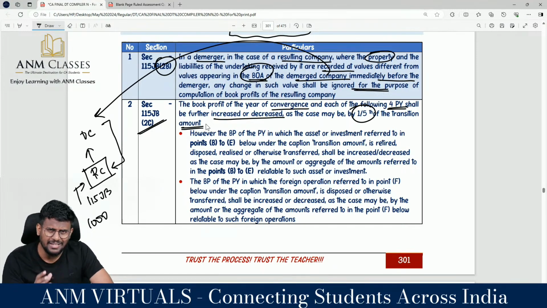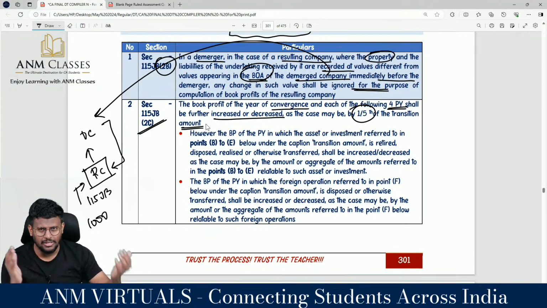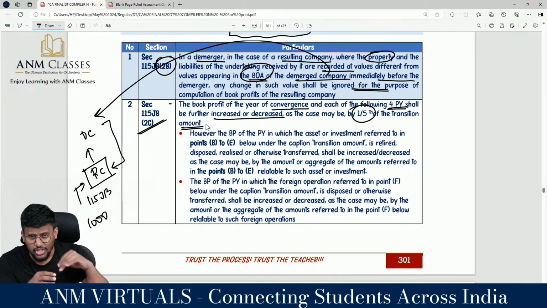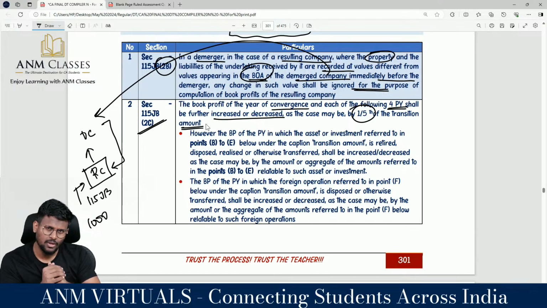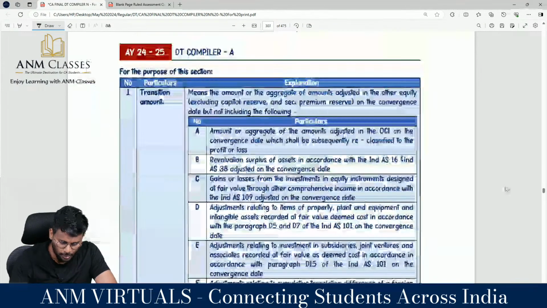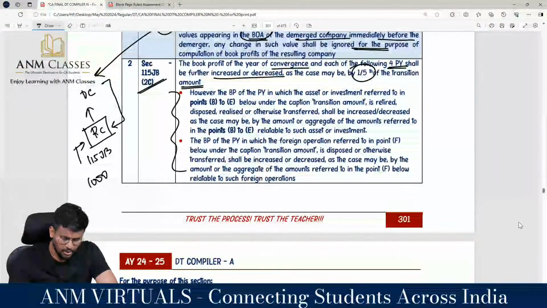So what the government is saying is that difference, that bridging, you don't adjust at one time. You adjust over a period of 5 years. So you have to make the 1/5 of the transitional amount. But this point number 1 and 2, we have to read it.